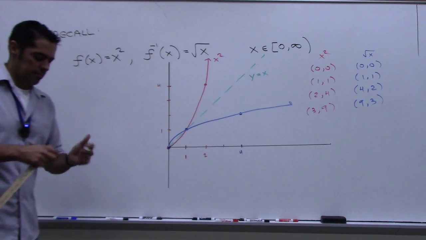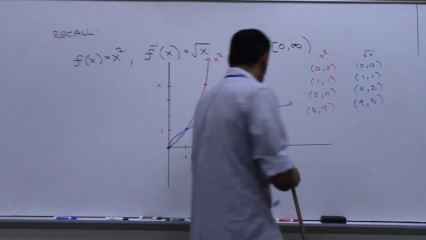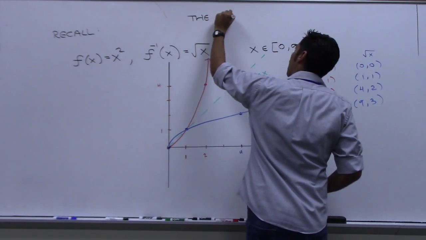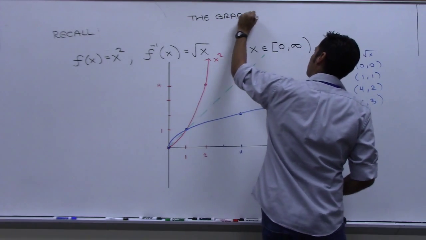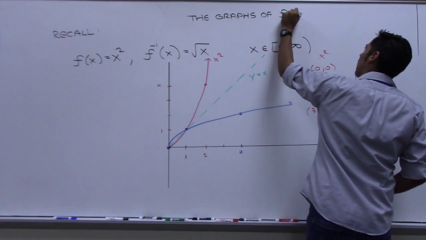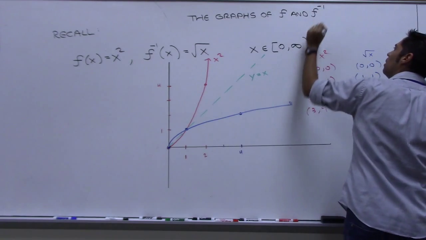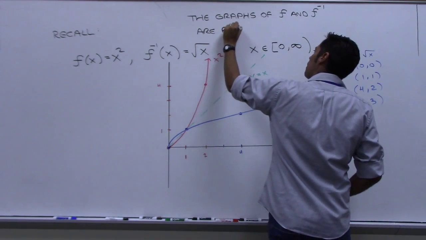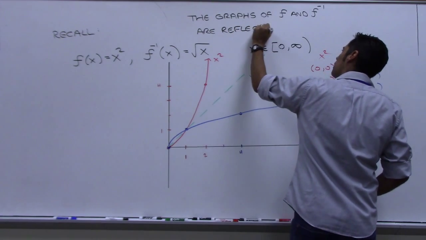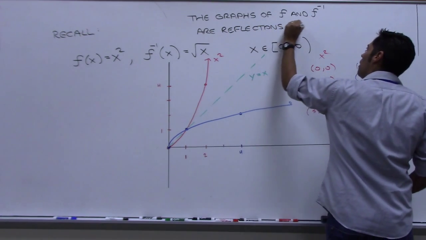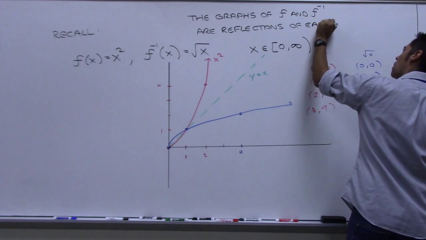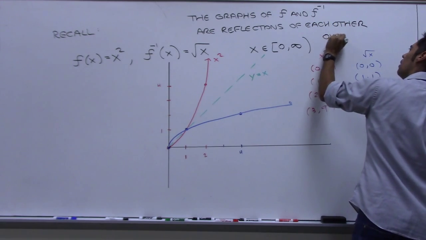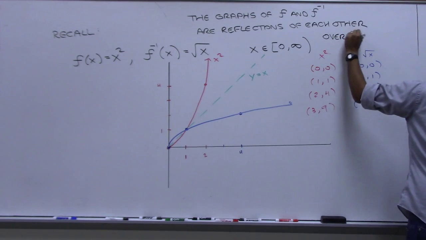So we can write that down if we want. The graph or graphs of f and f inverse are reflections of each other over the identity.